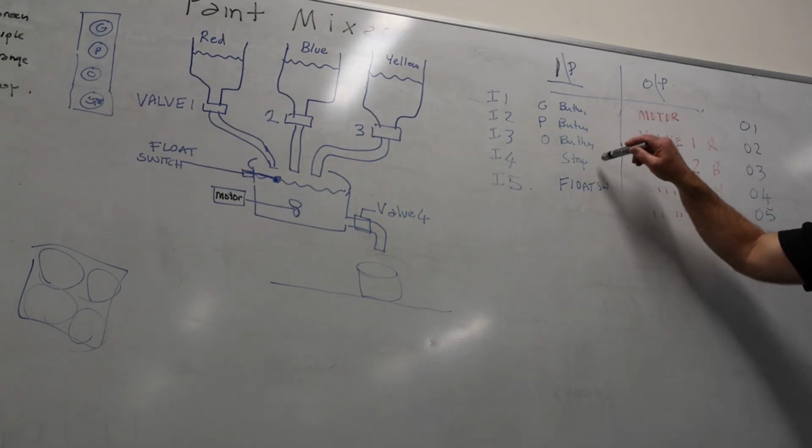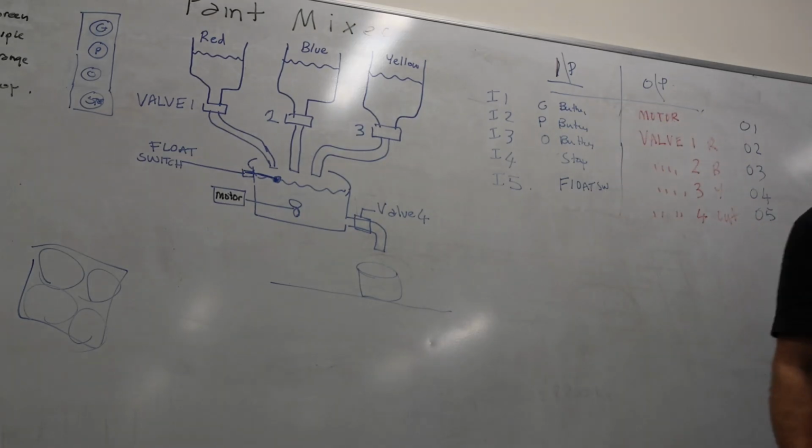Green, purple, orange, stop, float switch. Can I just undo it? Is there an undo? Probably is. Command Z? I want to put it up here so it fits. Let's see if it fits this projector. Probably not.